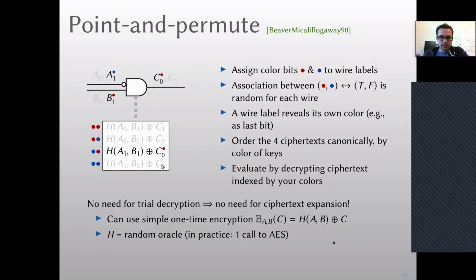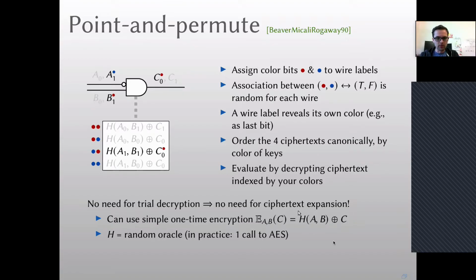So what that means is that we can use a simpler encryption scheme. In fact, it just needs to be a one-time encryption scheme. Previously I used this notation: encrypt the plaintext C using keys A and B. The way we do that, for this talk, let's just imagine we have a random oracle.